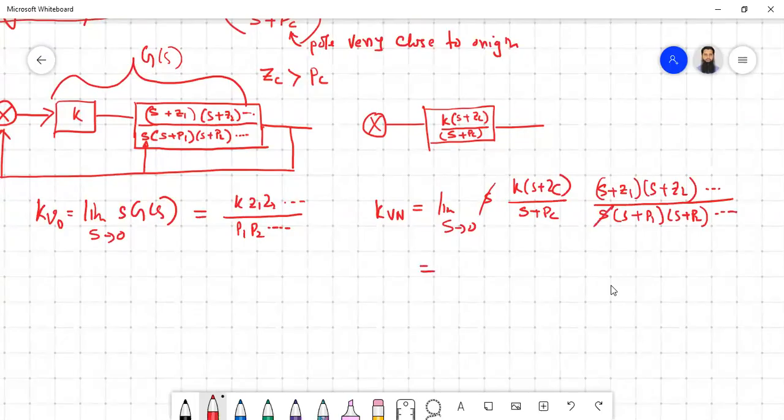What is left is ZC by PC times K Z1 Z2 and so on, divided by P1 P2 and so on.